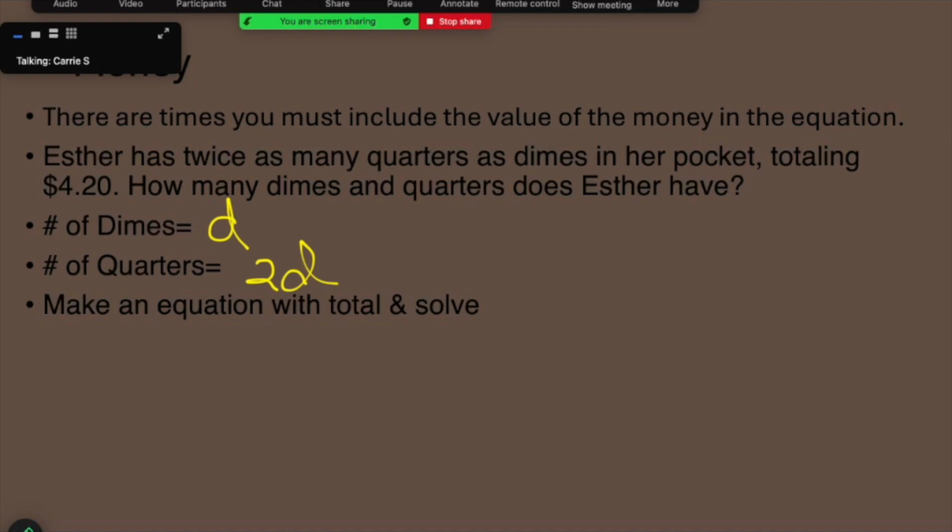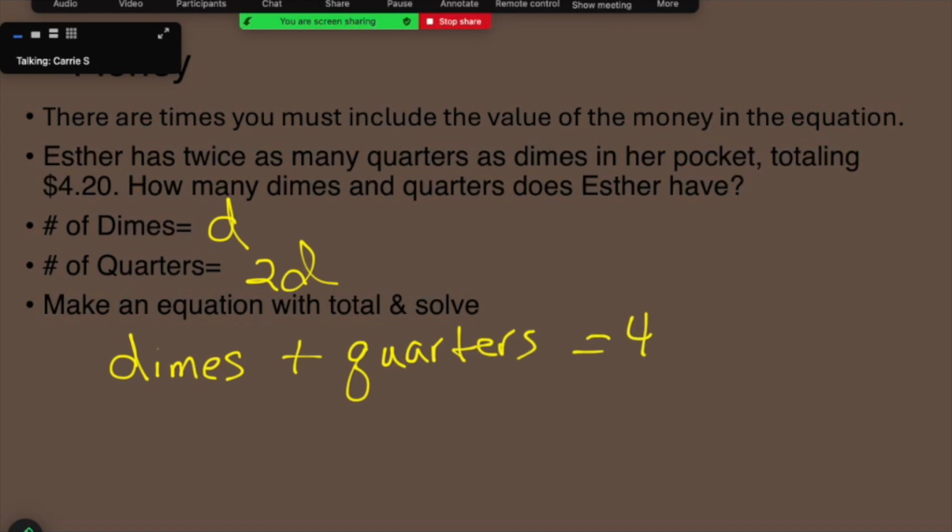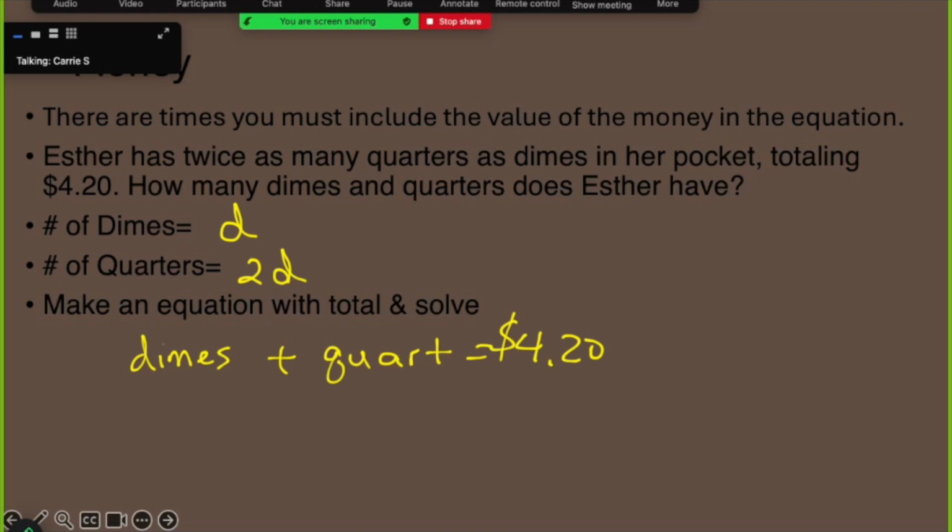So I'm going to just write a little equation here. The dimes plus the quarters equal $4.20. How much is the value of a dime? 10 cents.